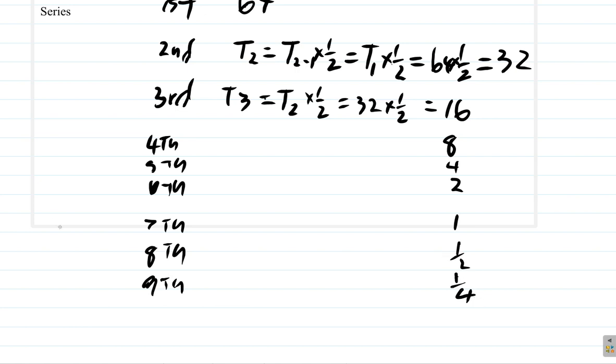Now, the terms, as you go on and down and down, will approach 0. It will not really reach 0, but it will get closer and closer to it as you go on. Because you're going to get 1/8, 1/16, 1/32, but no matter how many terms you try, they will get smaller and smaller and get closer and closer to 0, but will not actually reach 0.